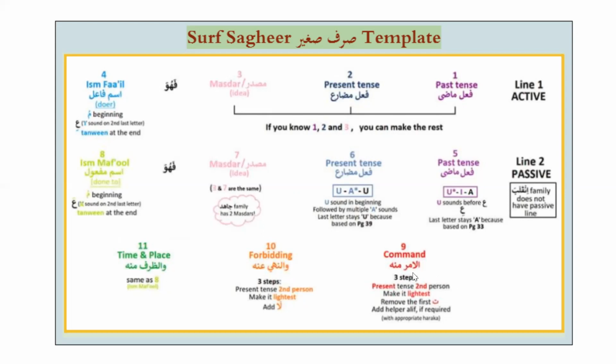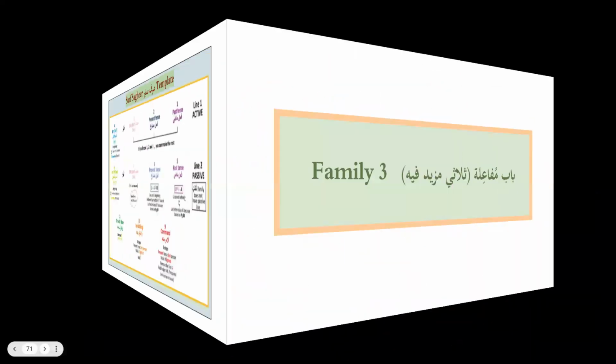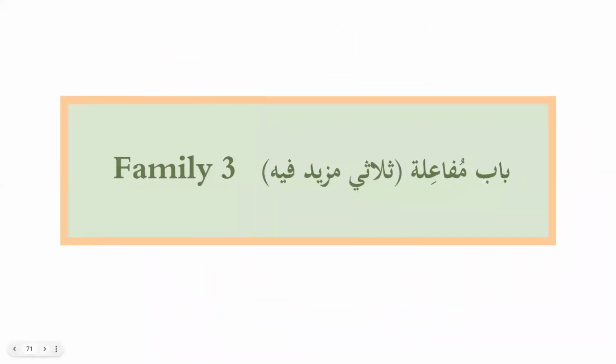And in the third line we have the commanding fi'l, which is al-amr. In the third line, first is the commanding fi'l, then forbidding, and then time and place words, which are called ism zarf, from the same root letters. So let's start family 3.